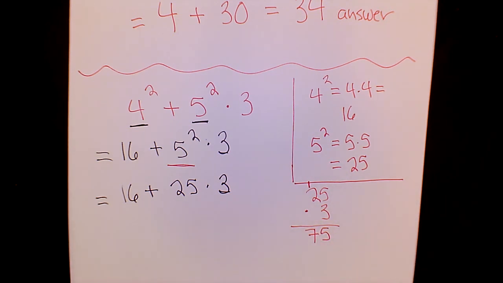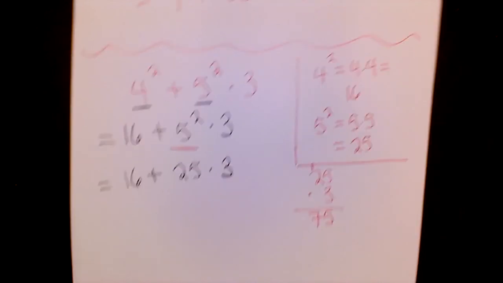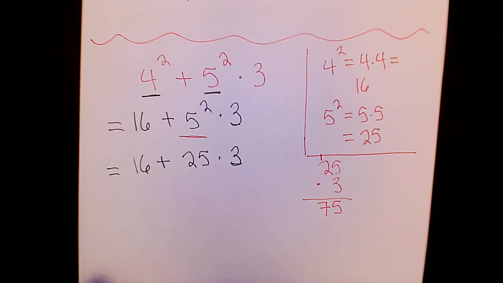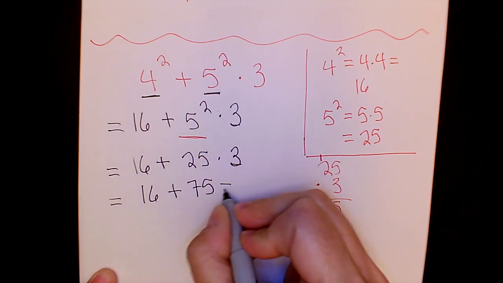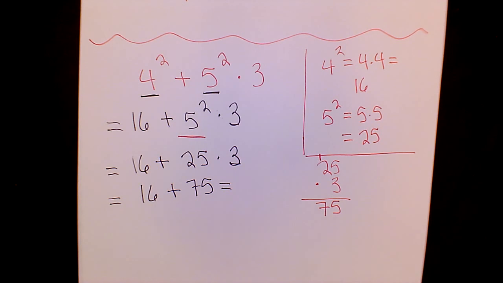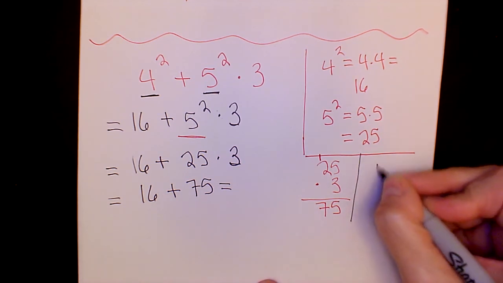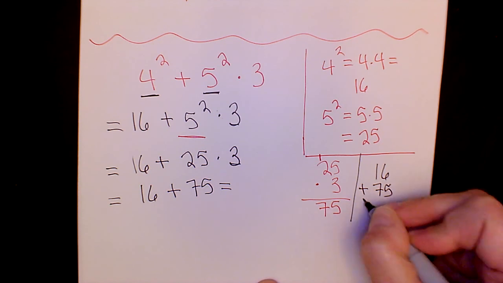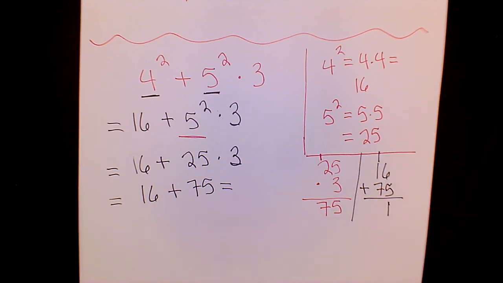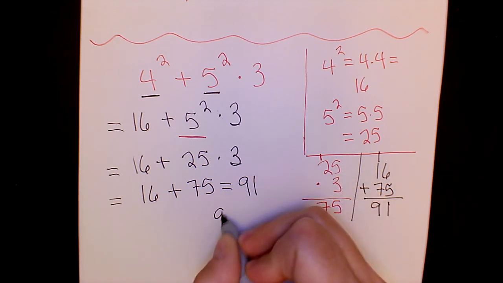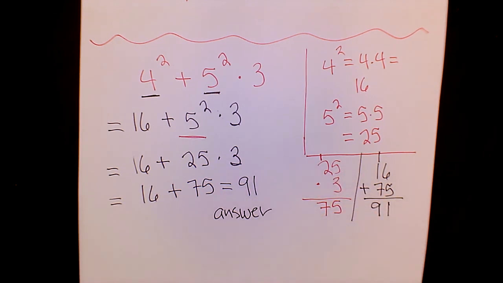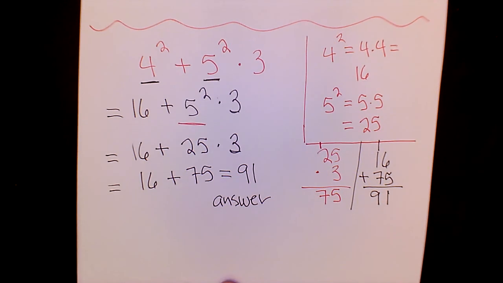So 25 times 3 is 75. And last, I'm going to add these two together. And 16 and 75, let's see. 11, carry the 1, is 91. So 91 is my answer.